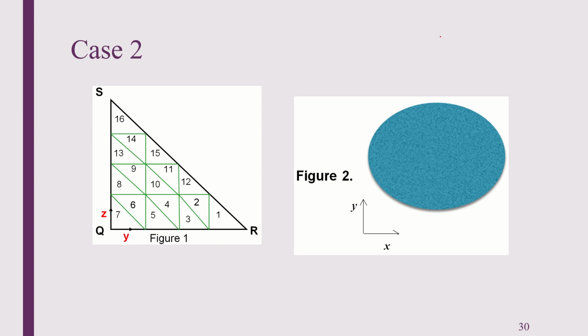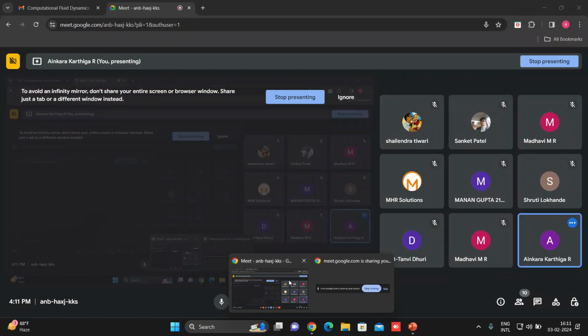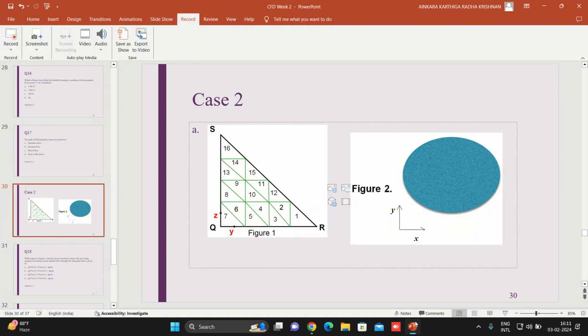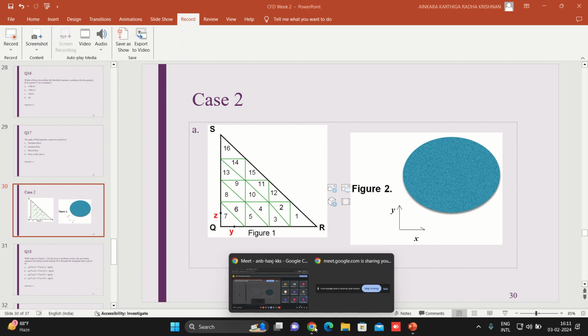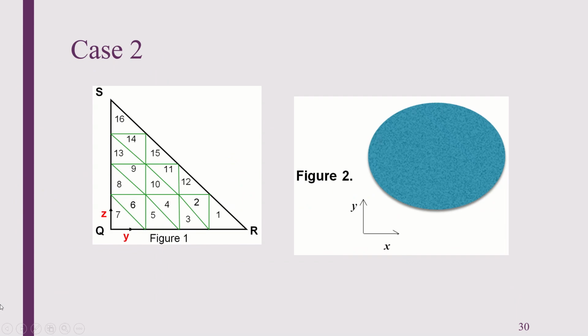Okay, now we'll get back to the session. In this question, it is similar to what we have seen previously. Here we have a flow through a triangular duct and a flow through an elliptical duct.